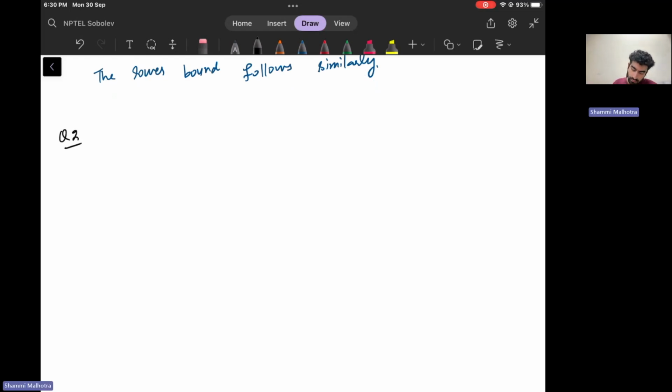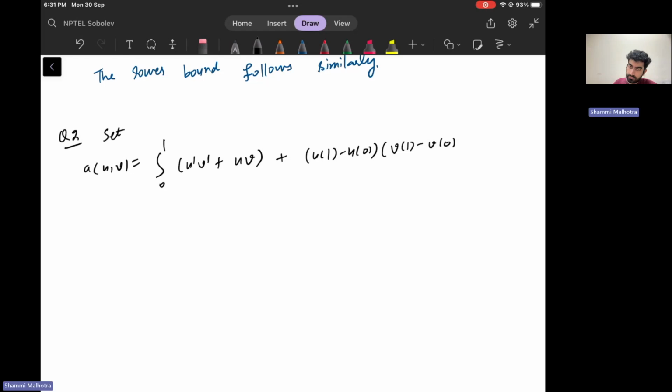So question number 2 is: set A(u, v) to be the integration from 0 to 1 of u' v' plus u v, plus (u(1) minus u(0)) and then (v(1) minus v(0)). So that holds for all u and v in H^1(0,1).